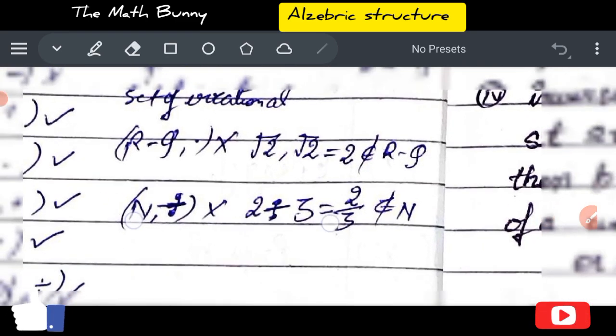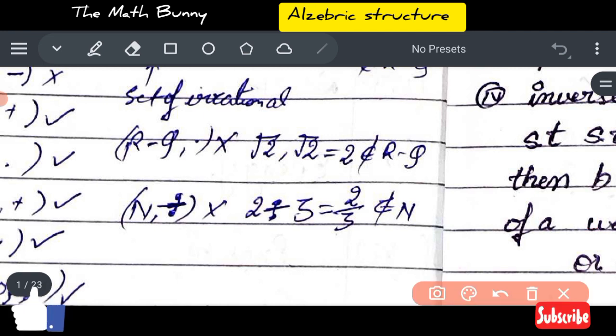Now let's take more examples. Let's take this R minus Q, again irrational numbers. If we multiply irrational numbers, we usually get an irrational number. But there is an exception.